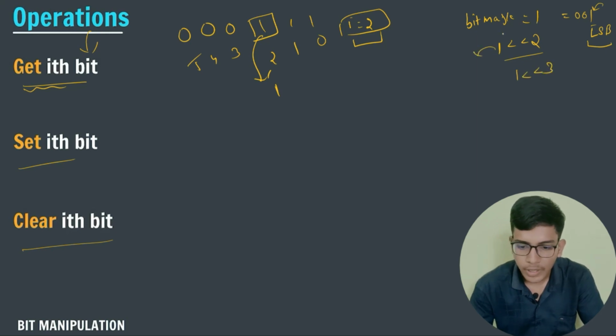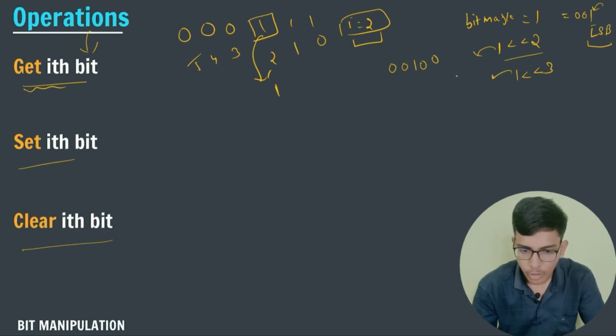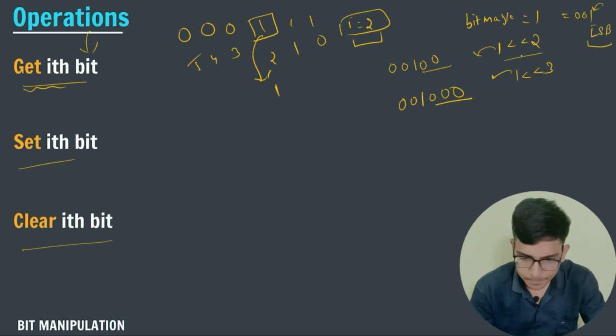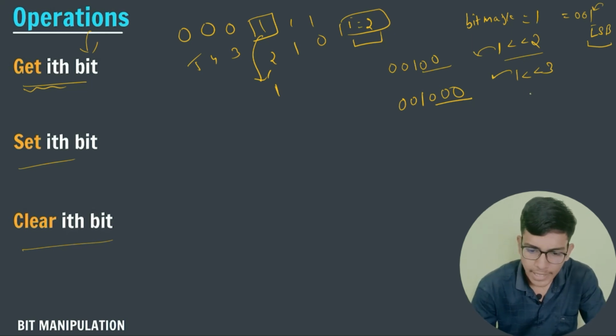So this will give me 0 0 1 0 0, and this will give me 0 1 0 0 0. So this will push me 3 bits, and this will push me 2 bits. So suppose if I want to push to the ith bit, then I can write 1 left shift i.